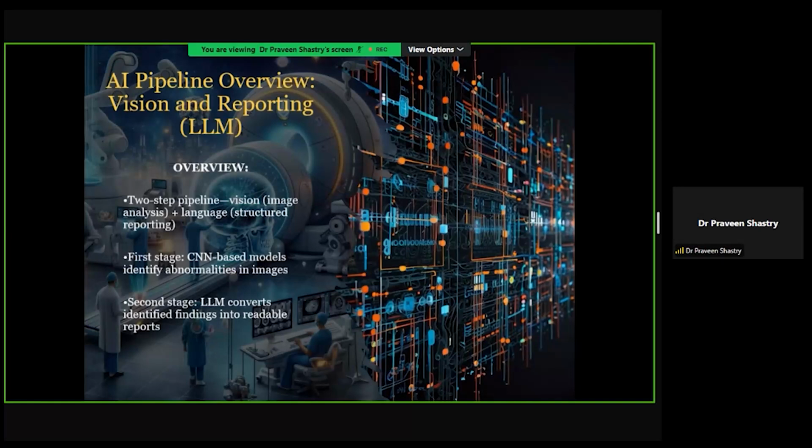So the problem has two steps to the solution. Further, the vision problem, the CNN problem, was fragmented into two parts: one being reduced density or normal density of the bone, and second, the actual degeneration grading. This is how we've fragmented it. Today's talk, I'll be focusing mainly on computer vision and not on the large language models.